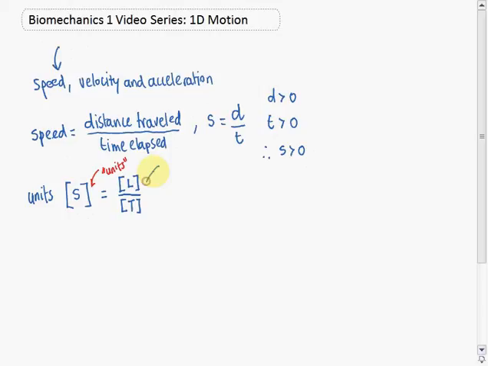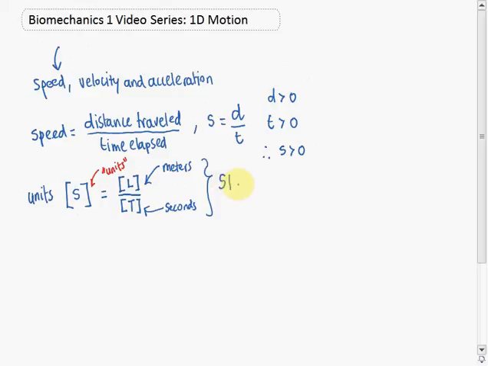So length in our case is going to be measured in meters, and I'll tell you why in a second. And time is going to be measured in seconds, right? When it comes to various units of measure, we always go by the SI system.